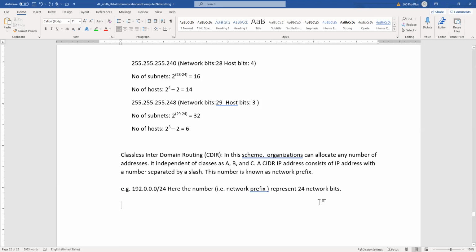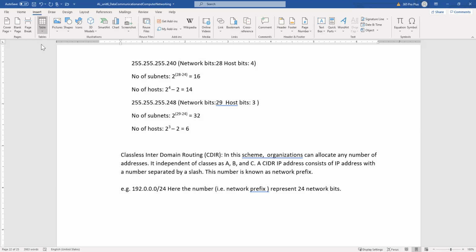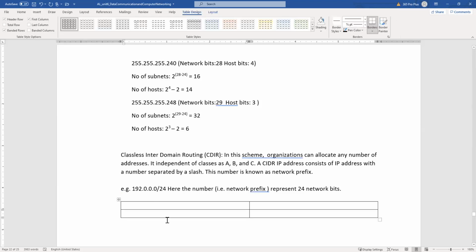Right, so let's compare the two techniques. First we look at IP address and subnet mask, then we have CIDR.